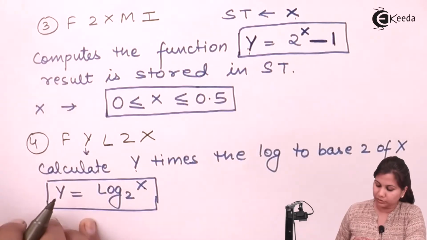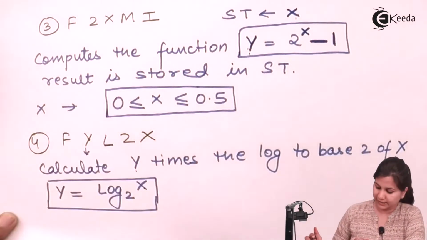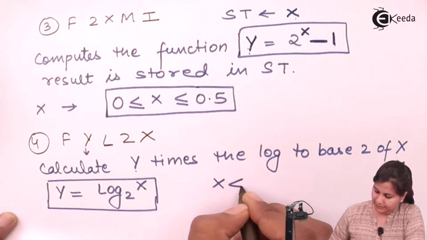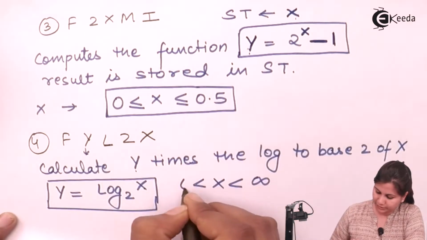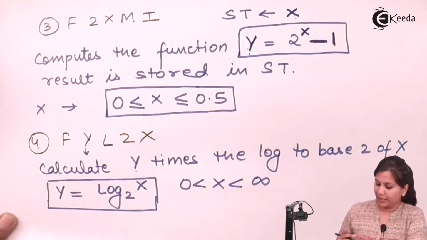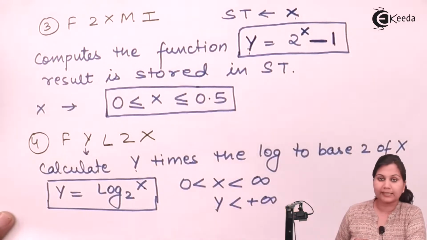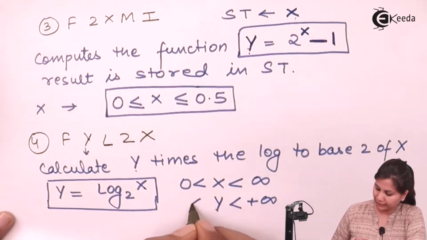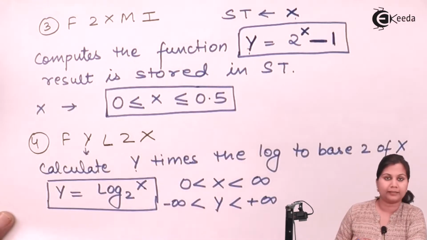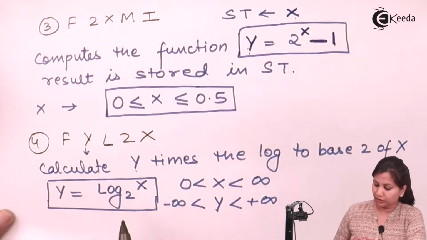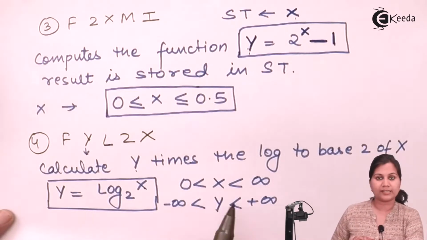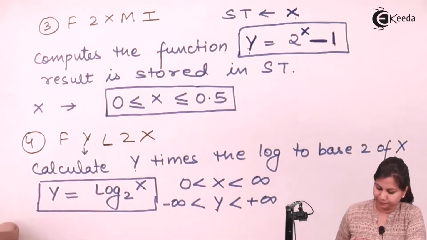Now here also the range for the value of x is decided. x is less than infinity and greater than 0. And y, its range is also decided. y should be less than plus infinity and greater than minus infinity. So for x and y, their ranges are already decided.